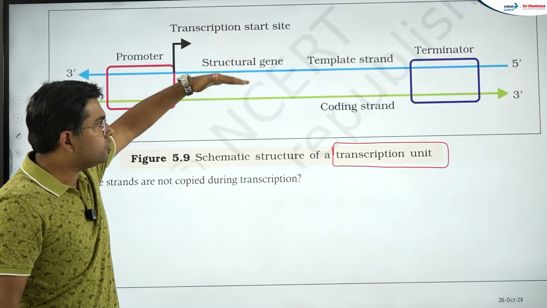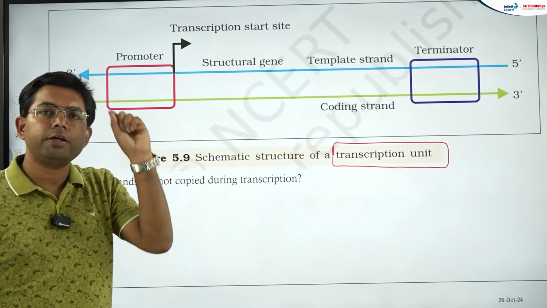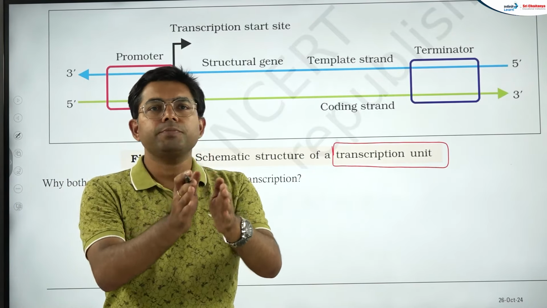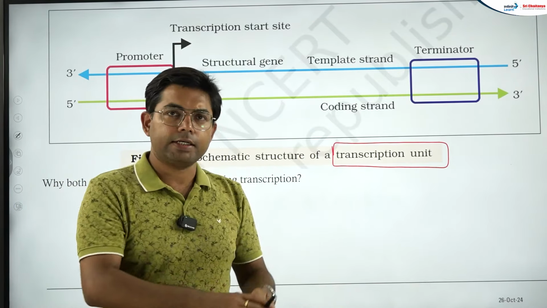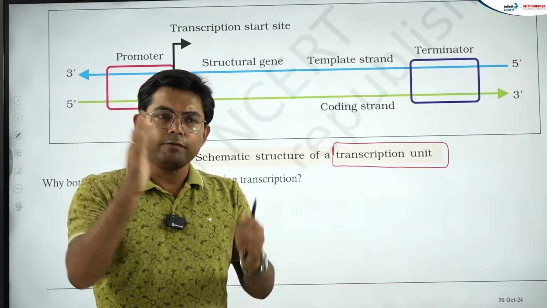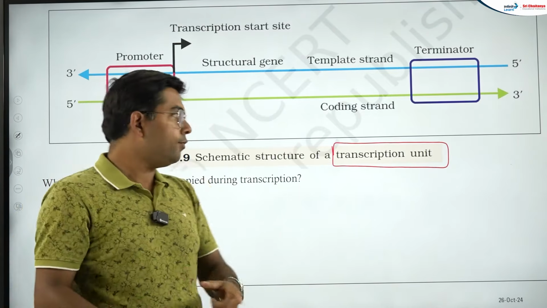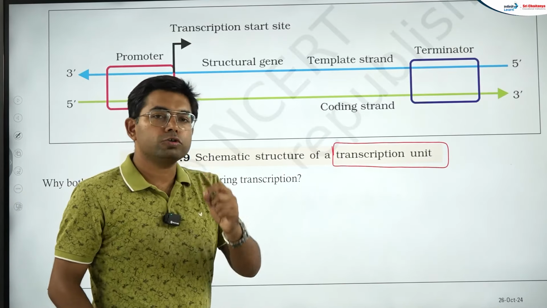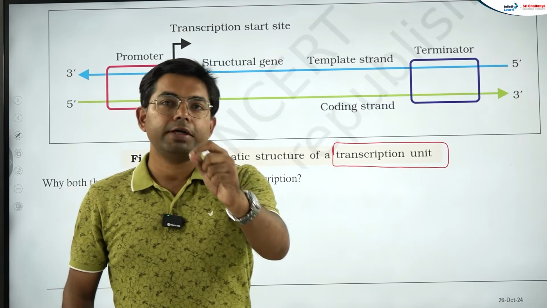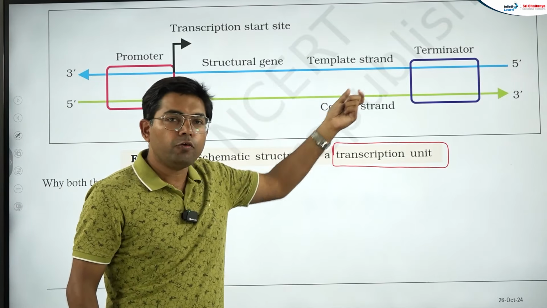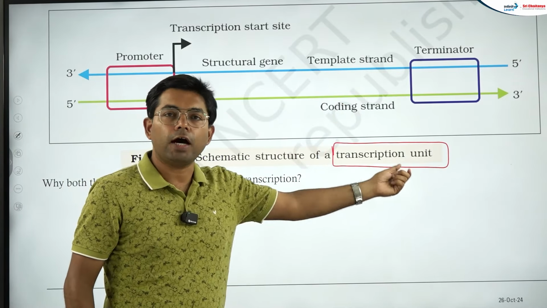Now here if you see very carefully, this is the DNA, one strand, another strand. So these both strands are complementary to each other. Replication follows the principle of complementarity, that is, one strand of the DNA will be used to synthesize another strand of the DNA. In the same way, transcription also follows the principle of complementarity, that is, from the sequence of DNA you will form a sequence of RNA.